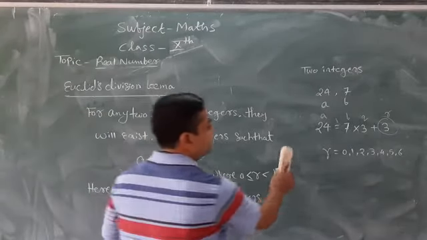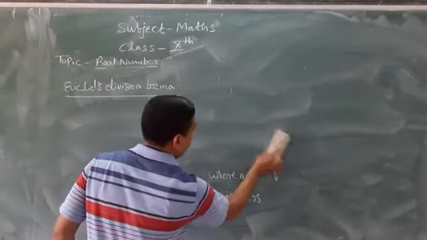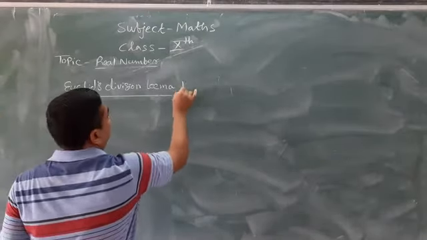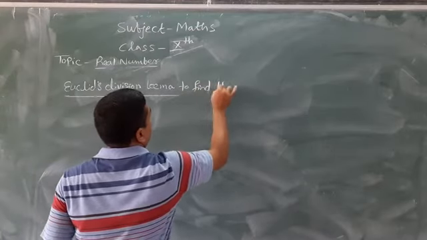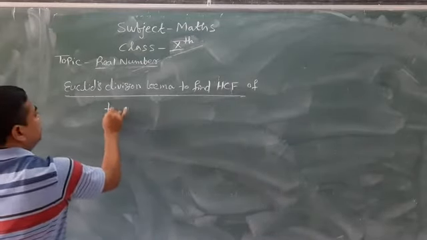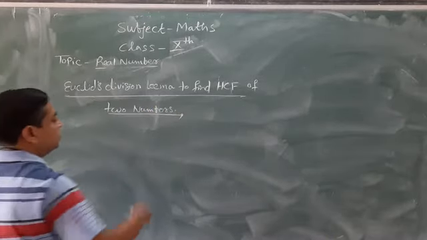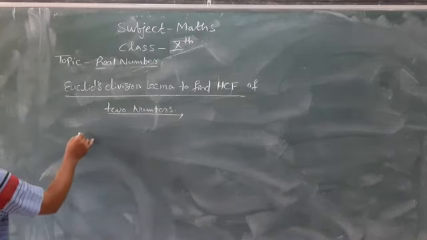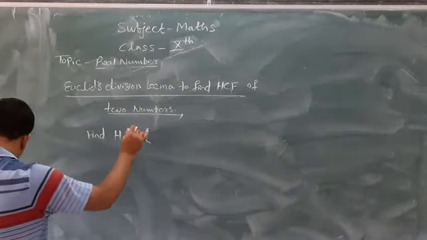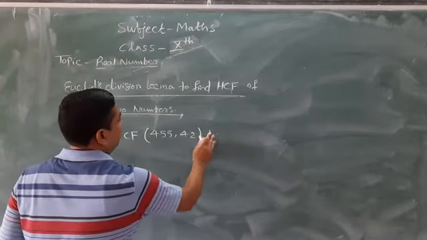Let us find the HCF of 455 and 42 by Euclid division lemma.